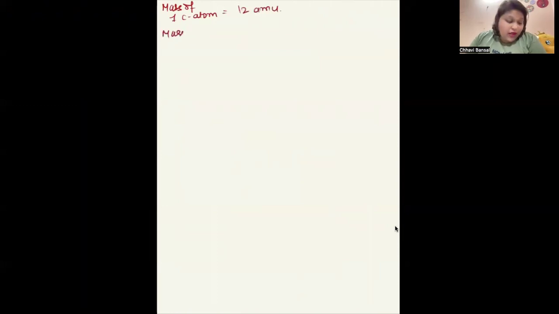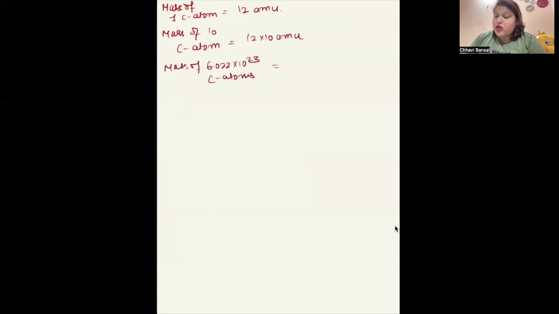Now, mass of 10 carbon atoms will be equal to 12 into 10 AMU, right? Mass of 6.022 into 10 raised to 23 carbon atoms will be equal to what? 12 into 6.022 into 10 raised to 23 AMU, right?